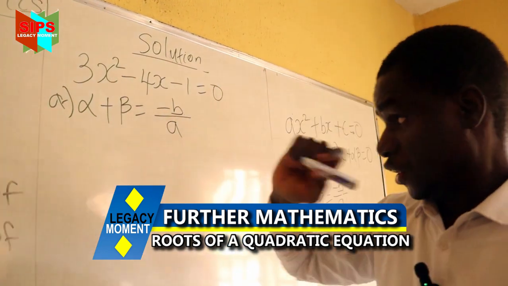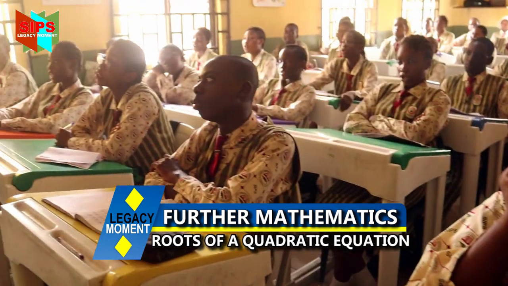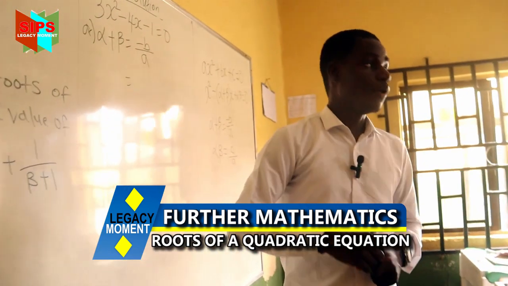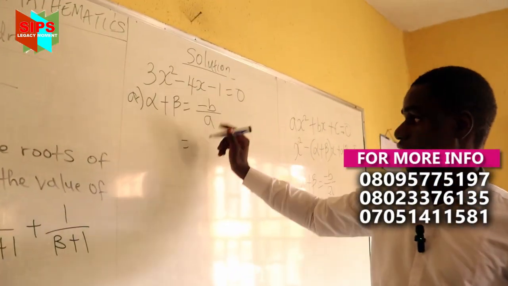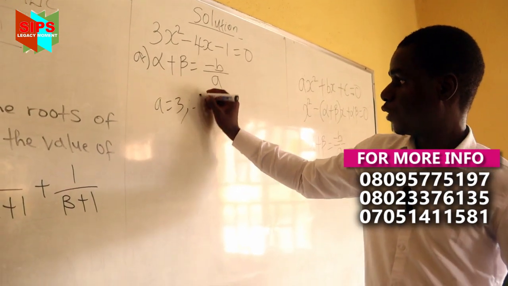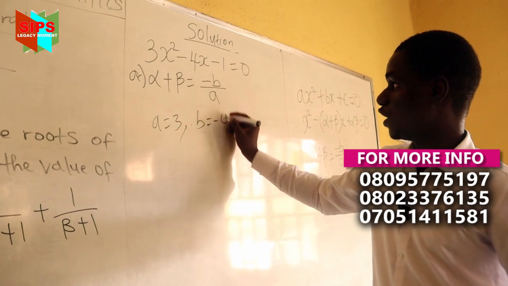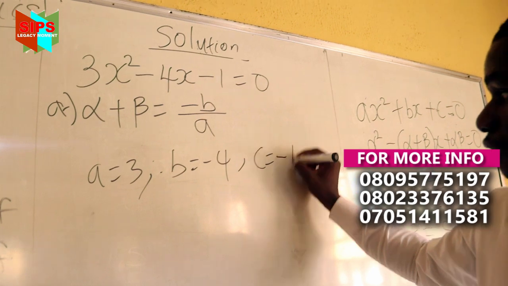Yes, sir. So from this quadratic equation, what is our b? Minus 4. Thank you. And what is our a? 3. So, inserting both of them, we have a as 3, b as minus 4, and c as minus 1.